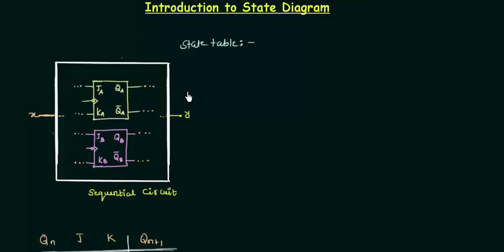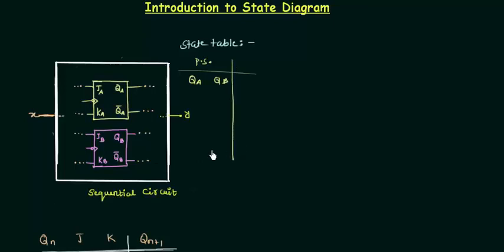So I can say that a state table is the table which tells us about the relation between the present state, next state, and the outputs. The present state and next state you already know. So I can make a state table in which the first column represents the present state, and present state will be determined by knowing the value of QA, QB, that are simply the outputs of my two flip-flops used.